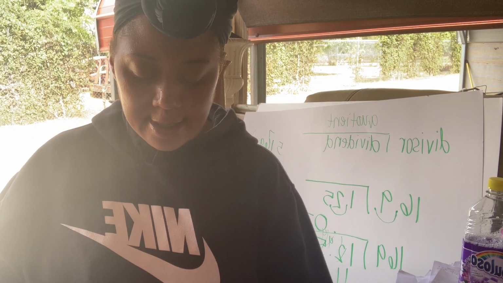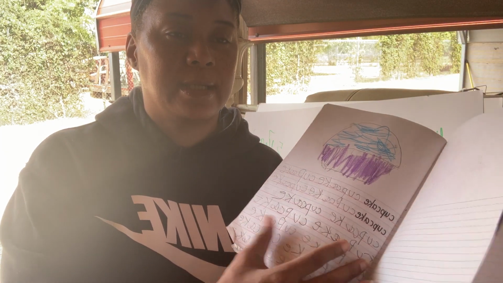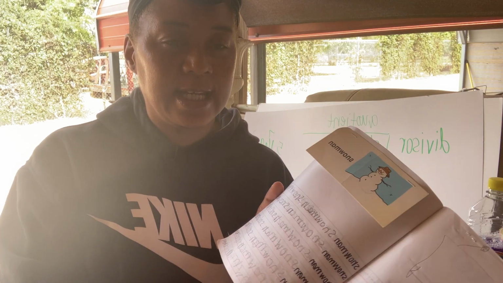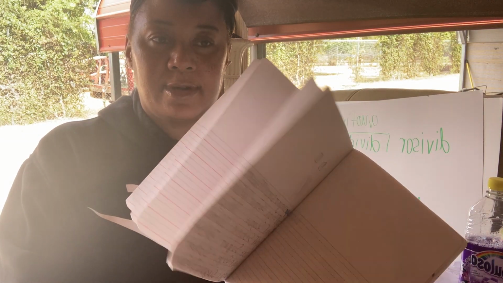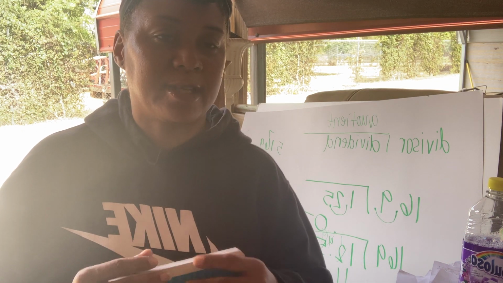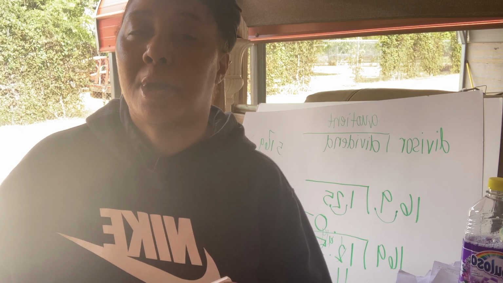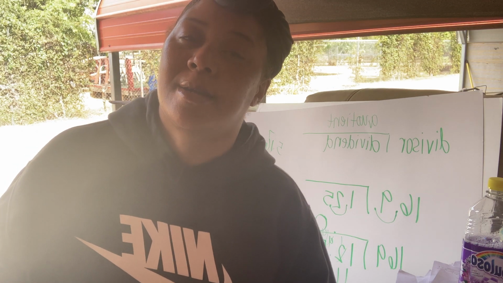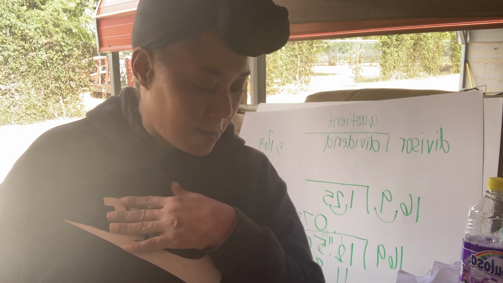So this is her work, and I need to go through and grade it and put stickers on each page that she did. Ashlyn does not like to do schoolwork whatsoever. Not her favorite thing. So with her, rewarding her is really going to help, because she's not interested at all.